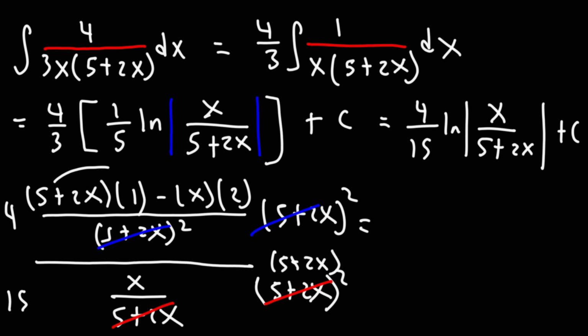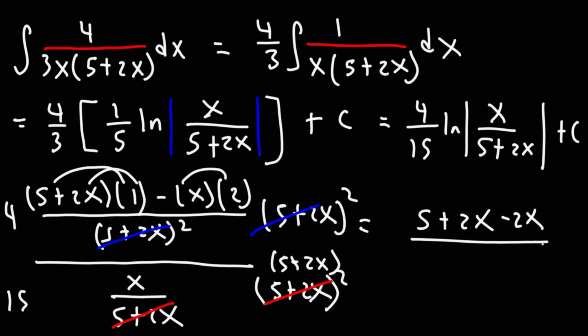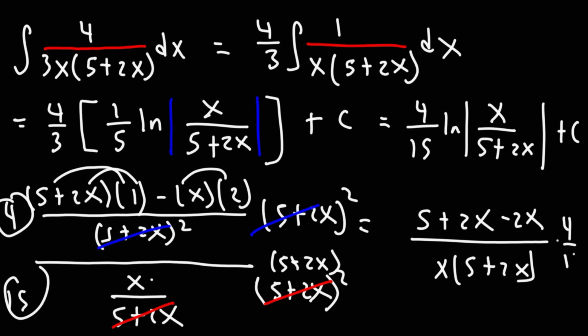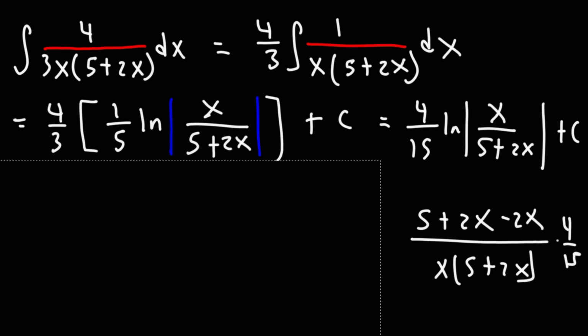In the numerator, I have a 5, I have a 2x, and I have a negative 2x. Here I have x and 5 plus 2x, so I'll just leave it like that. And then we have a 4 and a 15, so times 4 over 15. 2x and negative 2x will cancel.